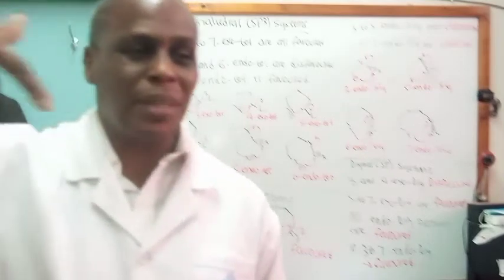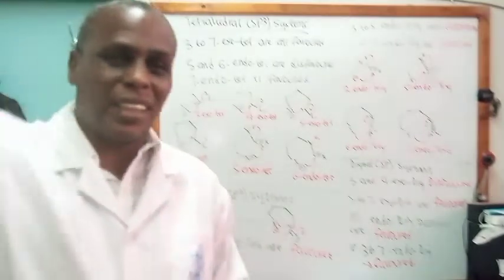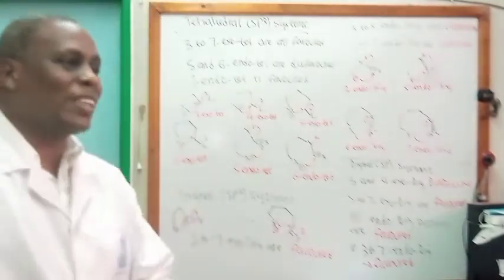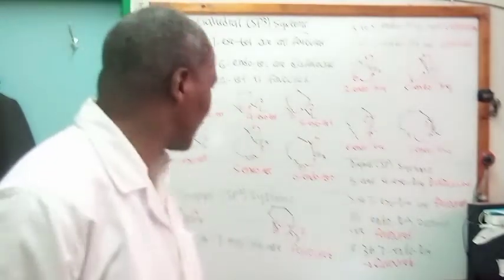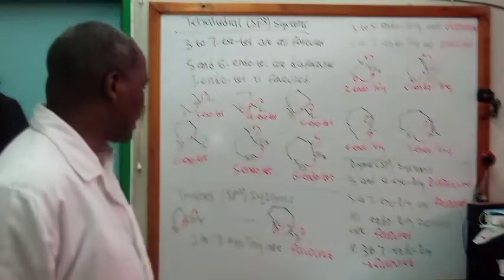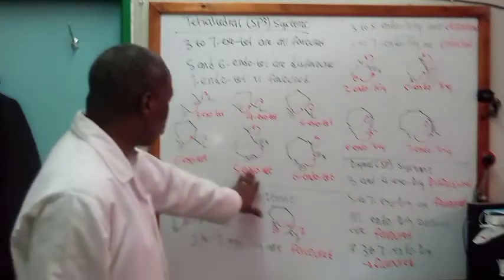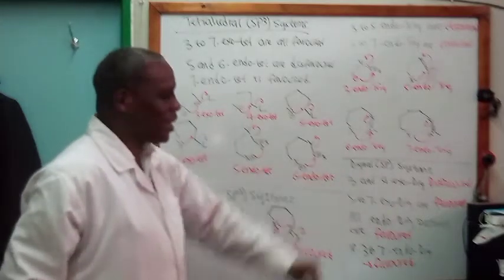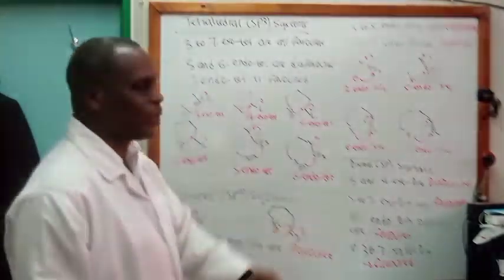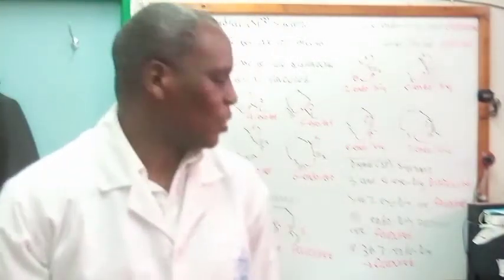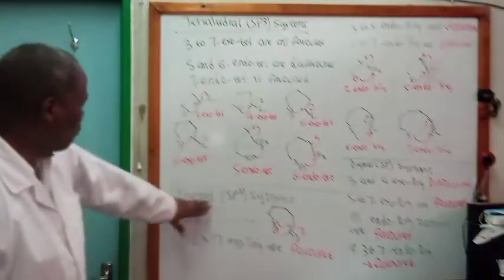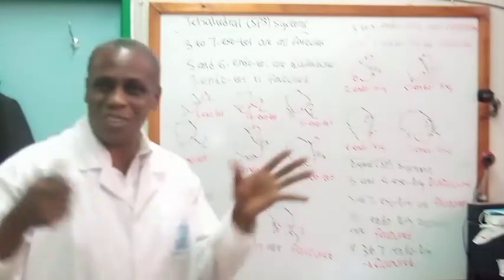So the group which is coming in has got to be at 180 degrees to the group which is leaving. If there is not that trajectory, then the ring closure will not happen. I'm going to be discussing that later. So 5 and 6 endo tet will not be favored, but with the 7-membered ring, the trajectory will be enough. Now, for the trigonal system, I hope I'm not going too quickly.